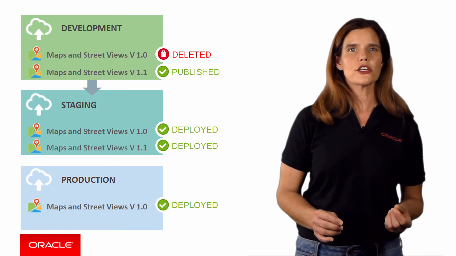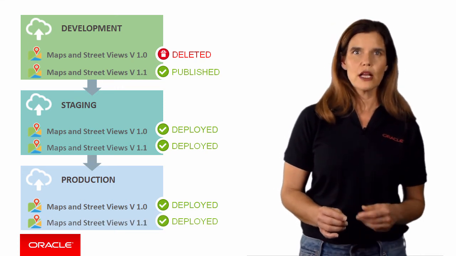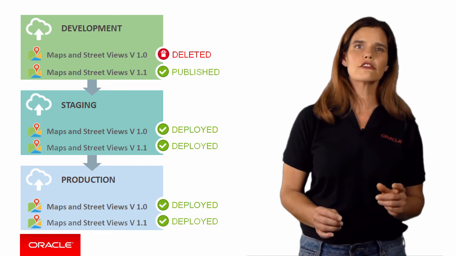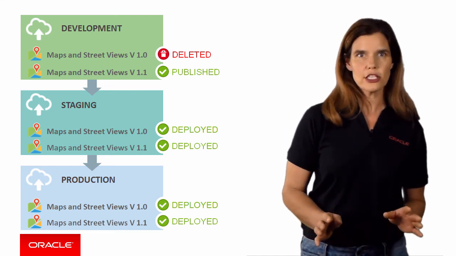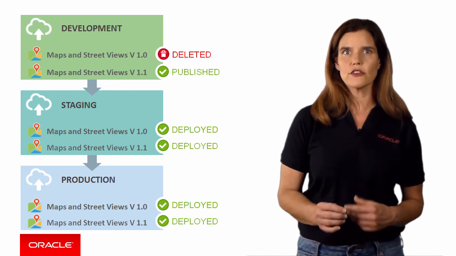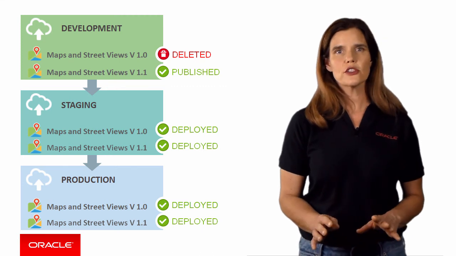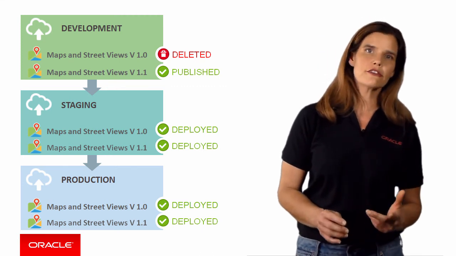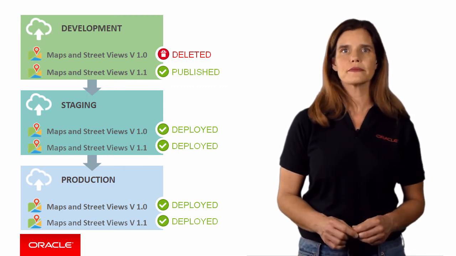When the mobile administrator promotes a new version of an asset to the production environment, the older version will continue to function alongside the new version to support any applications that are running against it. In fact, you can have multiple versions of your mobile backend running simultaneously, with each version of the mobile backend exposing different versions of assets, such as APIs, to the mobile apps.